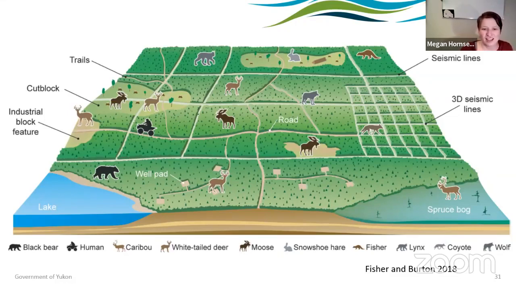So in this diagram here, you can see that caribou are over in the corner in the spruce bog. They're away from some of the disturbance, and that's kind of where they excel. And just to show as well, it's important to think about the human users of the land. So we have your guy on an ATV in here.